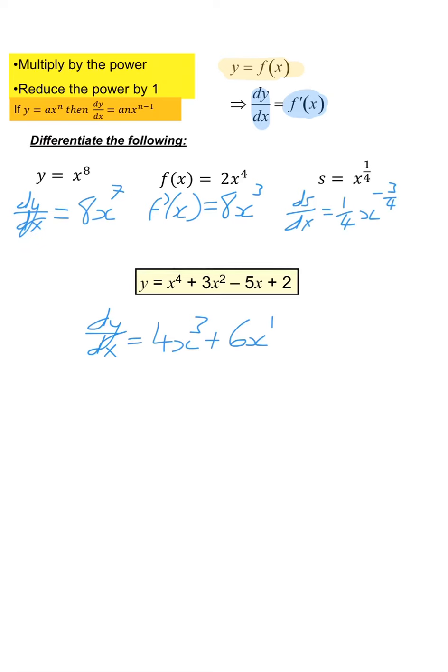But we never actually write x to the power of 1, so I'm just going to leave that as 6x. Now, minus 5x. When you just have a number with an x, you're just left with the number, so that'll just become minus 5. And then the 2 just disappears. So your answer is 4x to the power of 3 plus 6x minus 5.